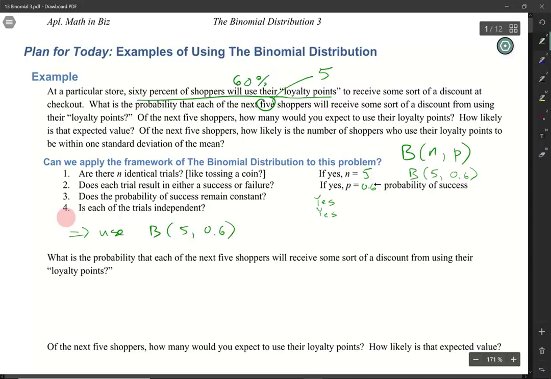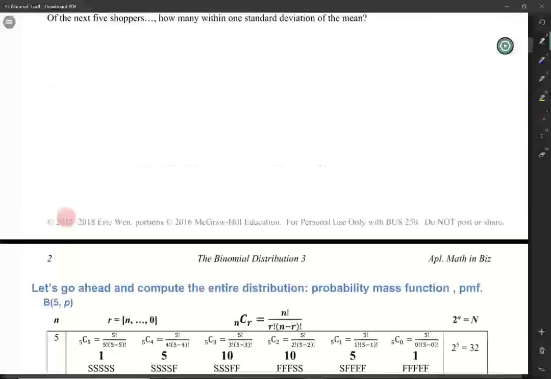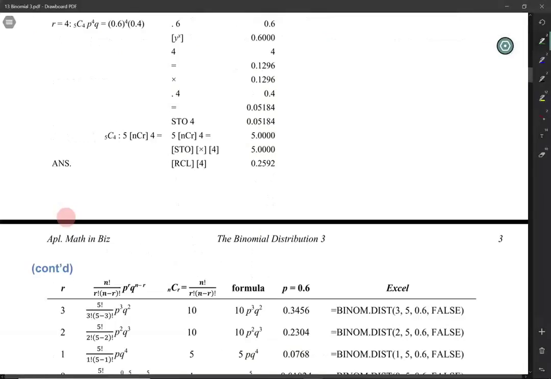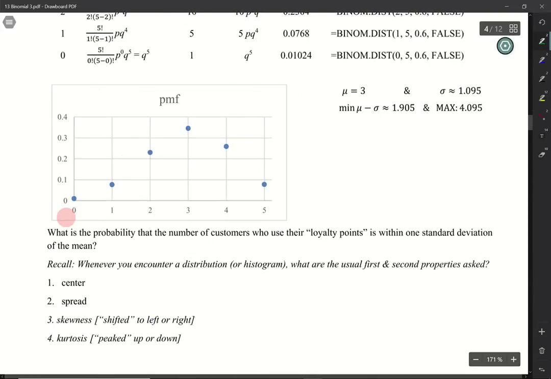Okay, so as soon as you see B(5, 0.6), what should go off in your mind? Hopefully something maybe not quite like this, but perhaps something like this will go off in your mind.